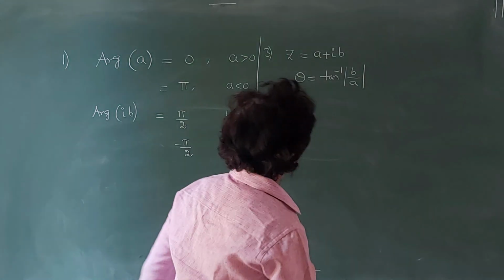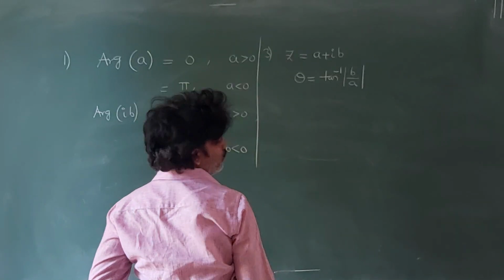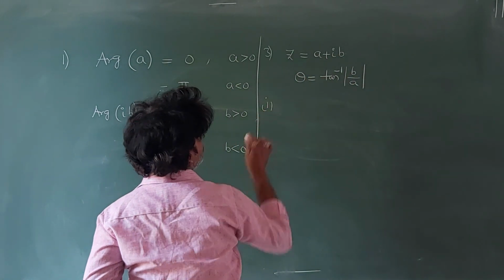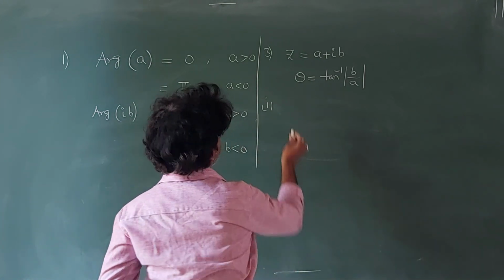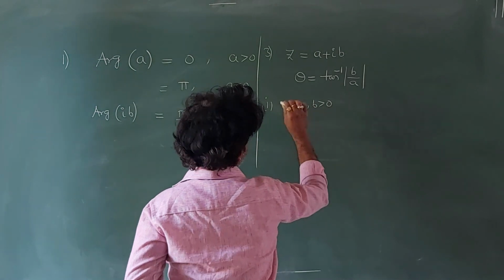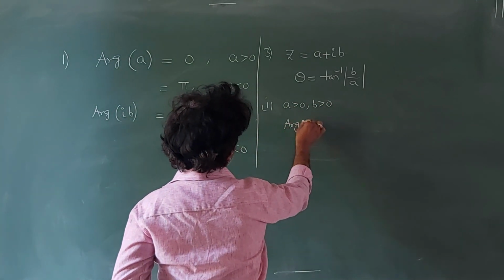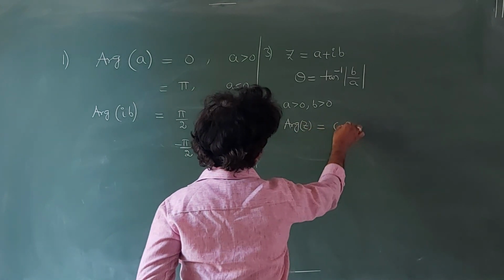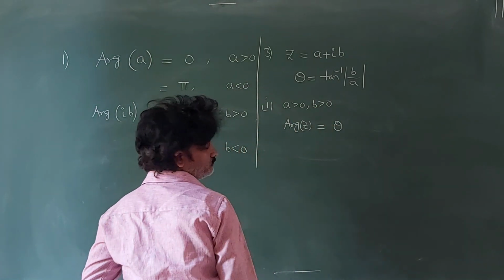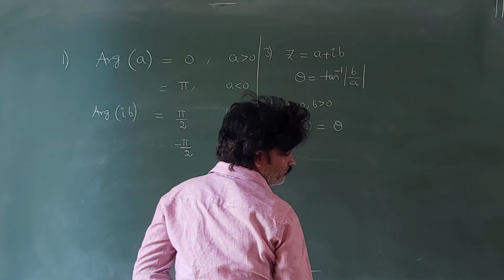Okay, now if the complex number lies in the first quadrant, how do we identify that? Both a and b are positive. If both a and b are positive, then the argument of z is simply theta. Next, suppose the complex number lies in the second quadrant.